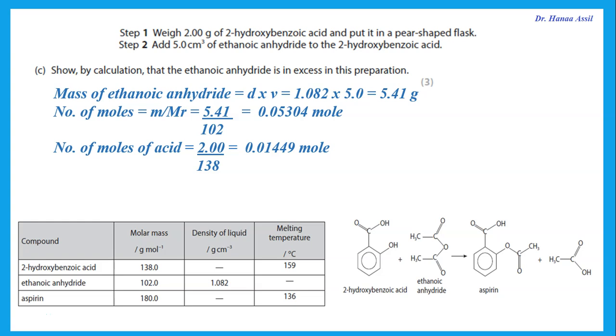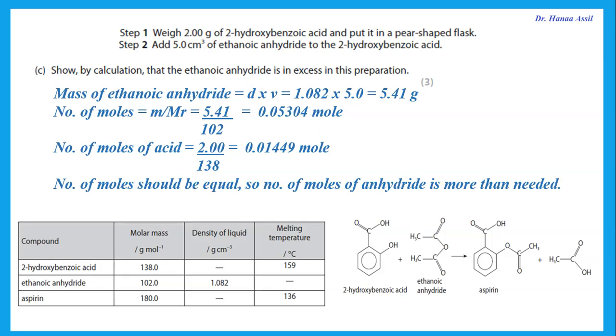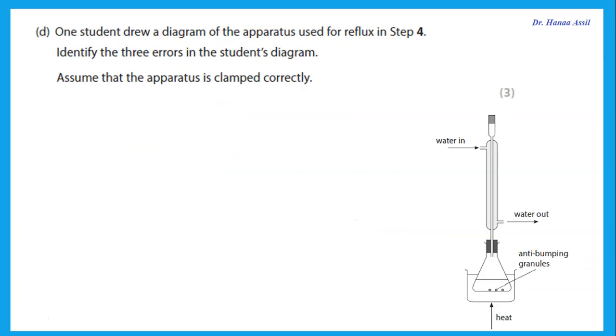And that means the number of moles of both of them should be the same. Actually, the one for the ethanoic anhydride is much more than needed. So that means that the anhydride is in excess.